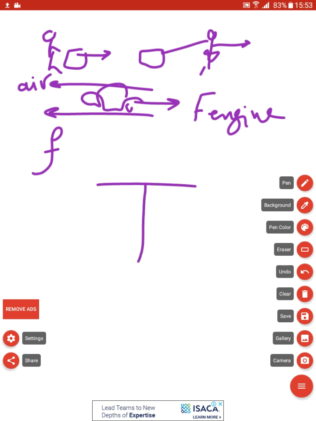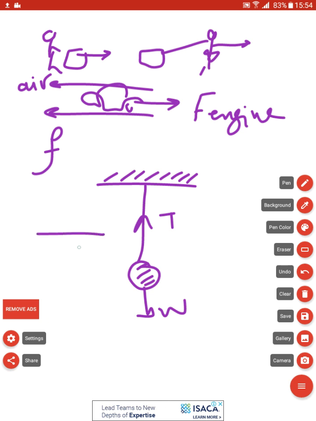If we have an object like this, a ball and a rope, we have tension here, we have weight here. So we have many types of forces. We have an upthrust force if we have an object here in water, so we have weight and we have upthrust. The upthrust force comes from the difference in pressure between the top and the bottom part of the object.